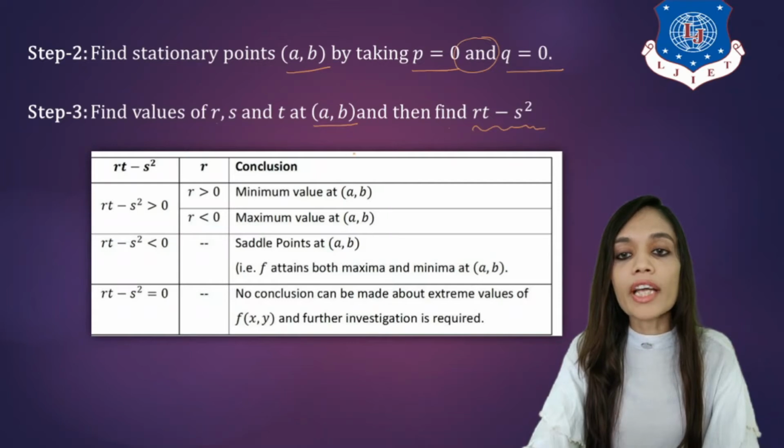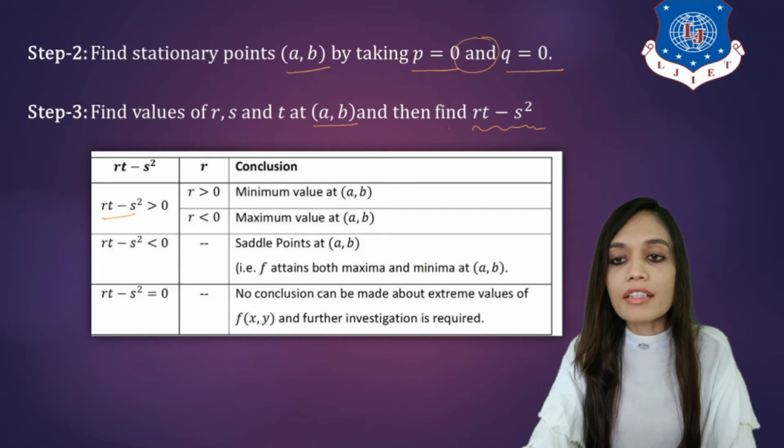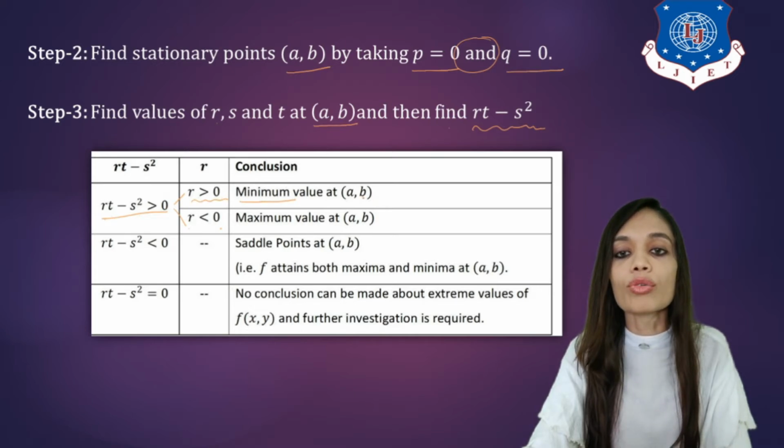Now in order to find the extreme values, we have to check the following conditions. If rt minus s square greater than 0, then there will be two parts. First is r greater than 0 and the next is r less than 0. Again I repeat, if rt minus s square greater than 0 and r greater than 0, then we will get minimum value at that particular point a comma b.